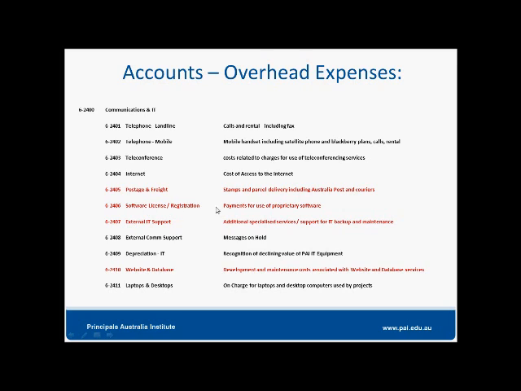Software and license, I've included that in red, although probably not a common one for anyone outside of the central office. External IT support, again, not necessarily likely outside of the central office, but you may come across it from time to time, as with website and database costs.